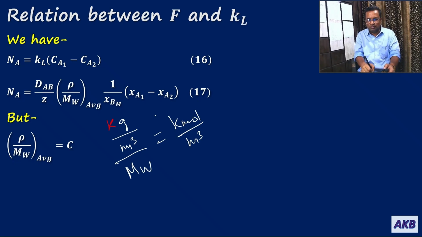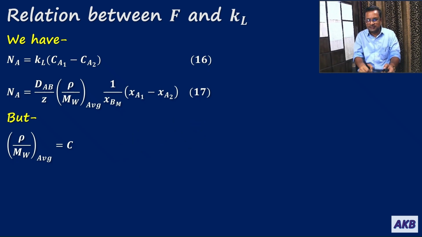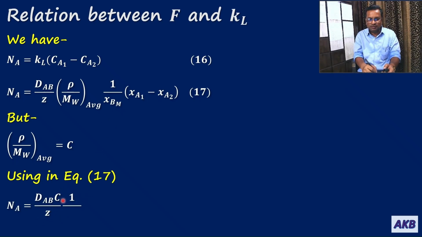So that's why rho upon MW average is nothing but the molar concentration C. Let us continue with this. If you use it in equation 17, it will be Na is equal to DAB C upon Z into 1 upon XBM into XA1 minus XA2, till we have to convert XA1 and XA2 to Ca1 and Ca2.